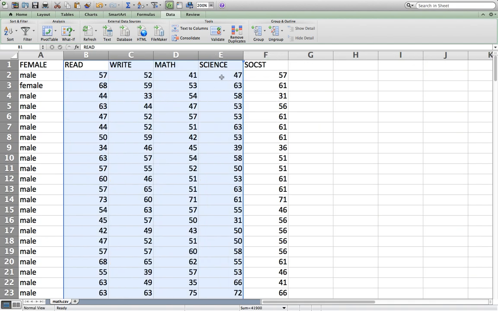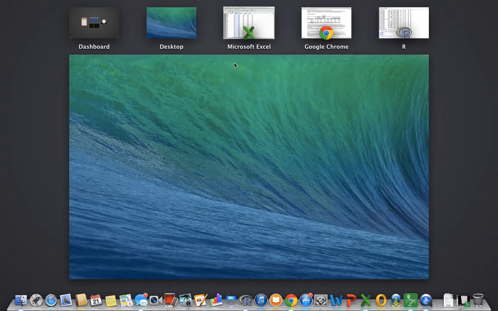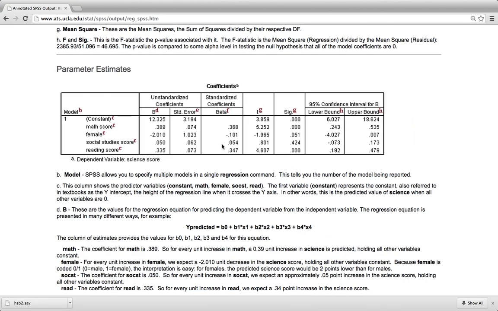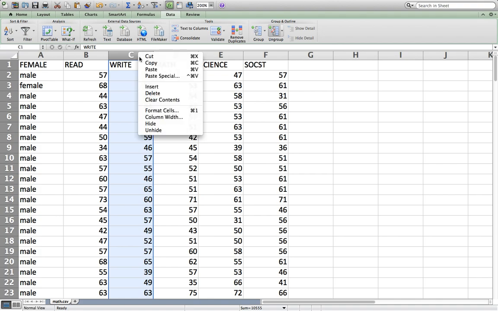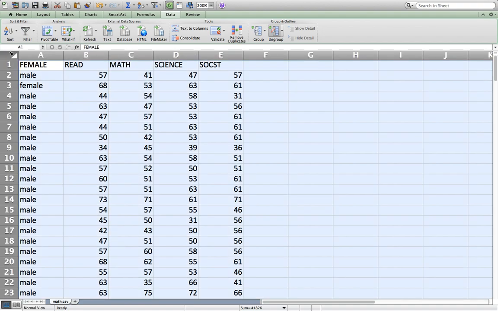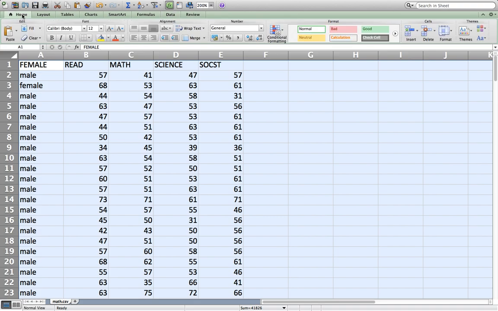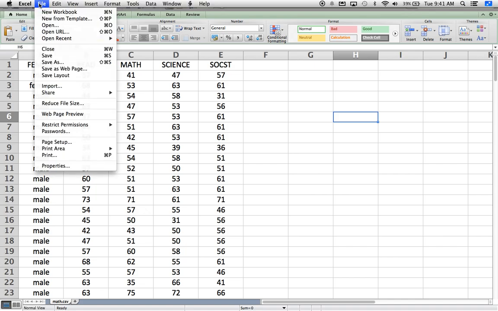And I don't think we're using the write score, right? Yeah, so I don't need it. It's just going to clutter stuff up. All right, got a cool data set that we can use for our analysis.